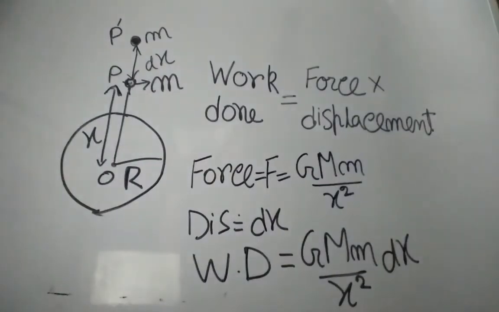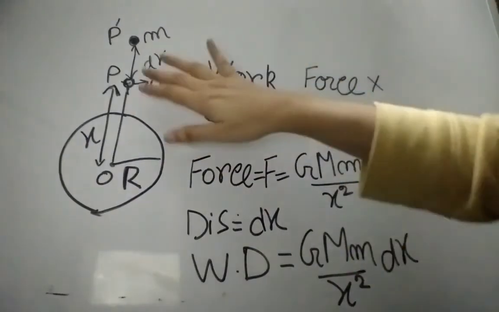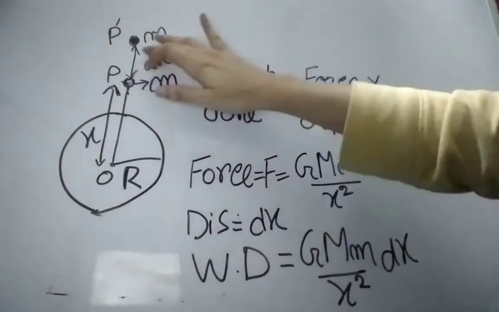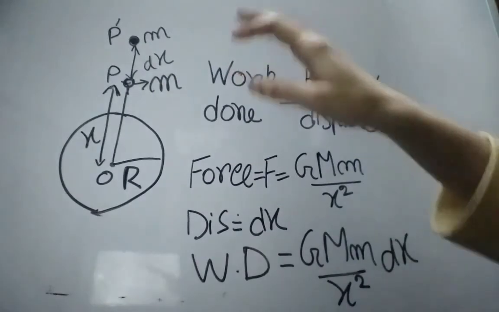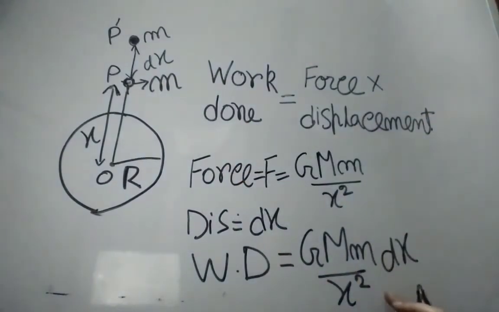In the definition of the escape velocity, we saw that the object which achieves this escape velocity will go to an infinite distance from the earth. So if we move the object from P to P dash, and this distance dx is very small, then the work done is GMm dx by x square.